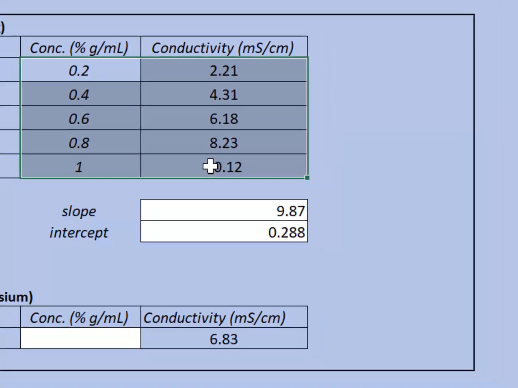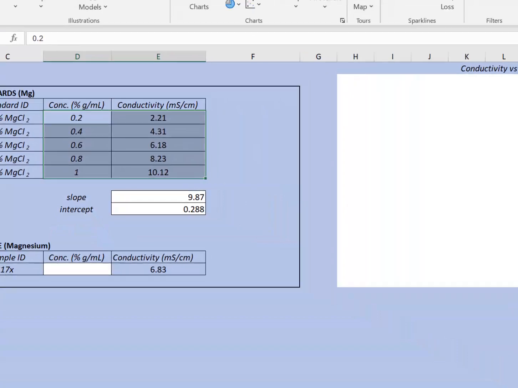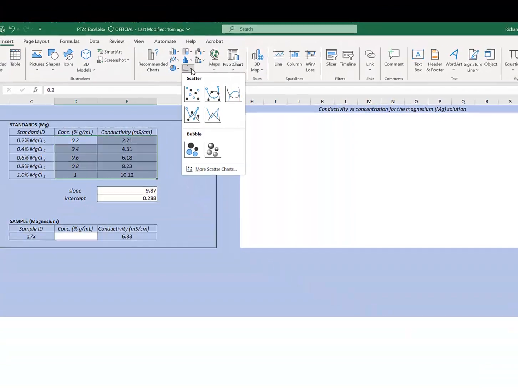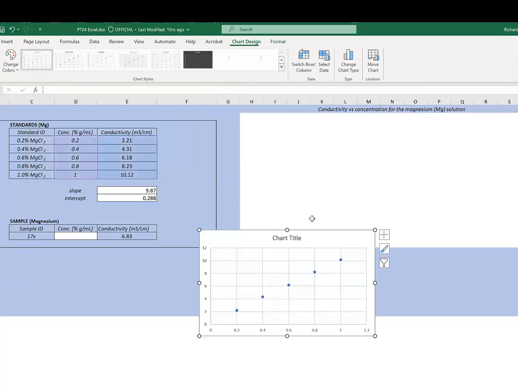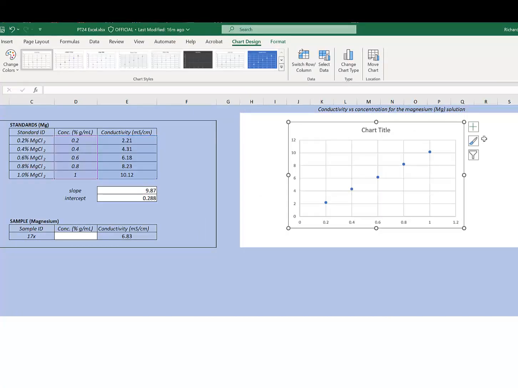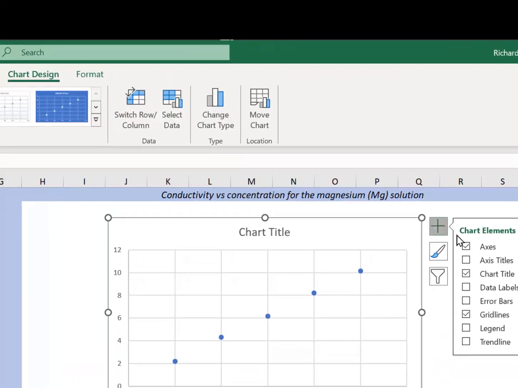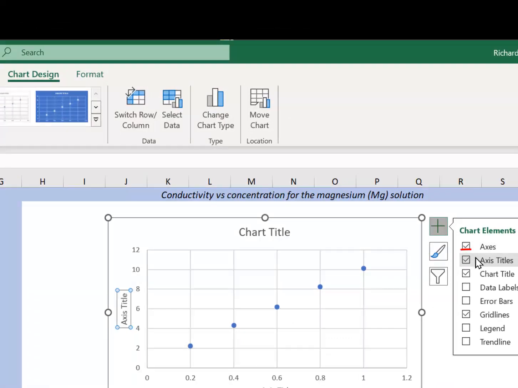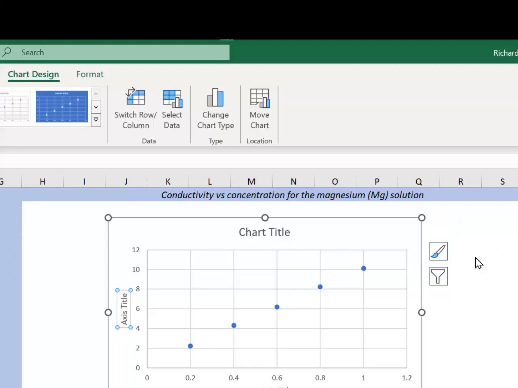Now to plot the XY scatter to observe the straight line relationship between concentration and conductivity. Concentration, which is our measurement standards, always goes along the x-axis, and conductivity goes on the y-axis.